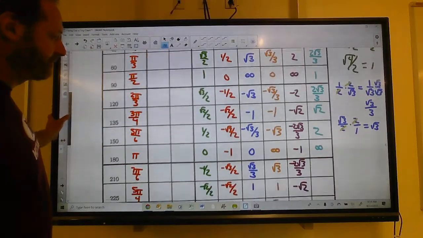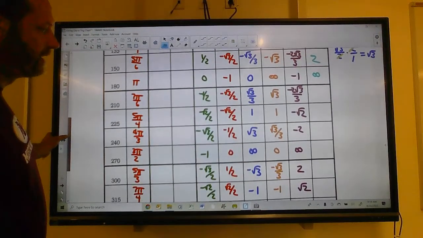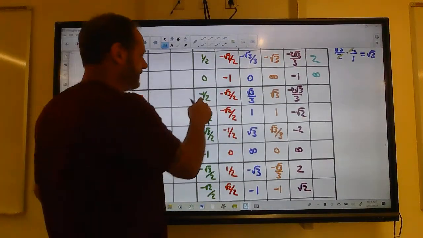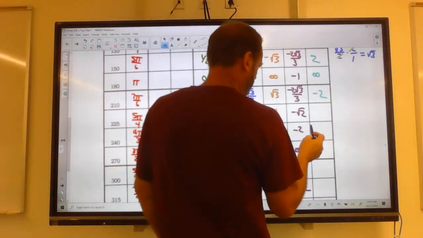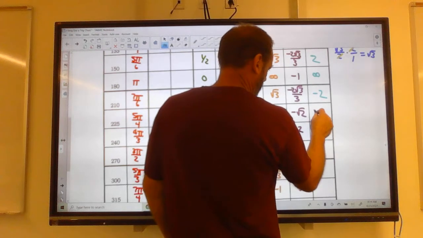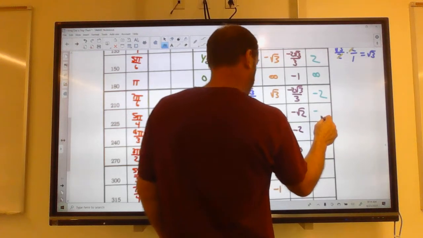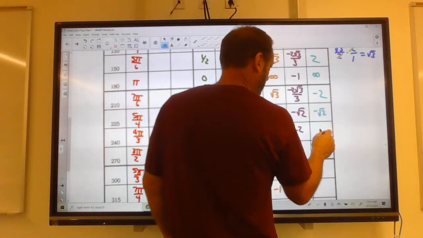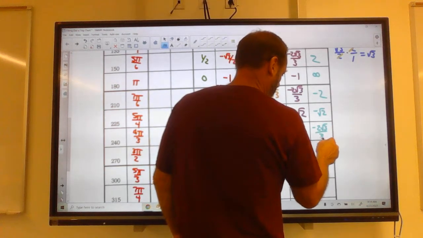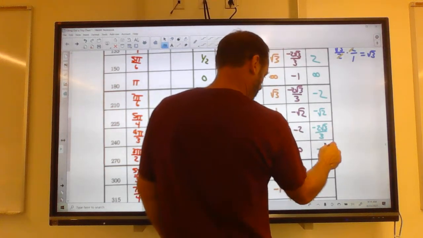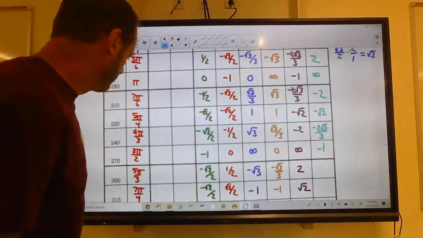And now it's the same numbers, except they are negative, because these are negative. So this is negative 2. And this is going to be negative square root of 2. And this is negative 2 square root of 3 over 3. And this is negative 1.